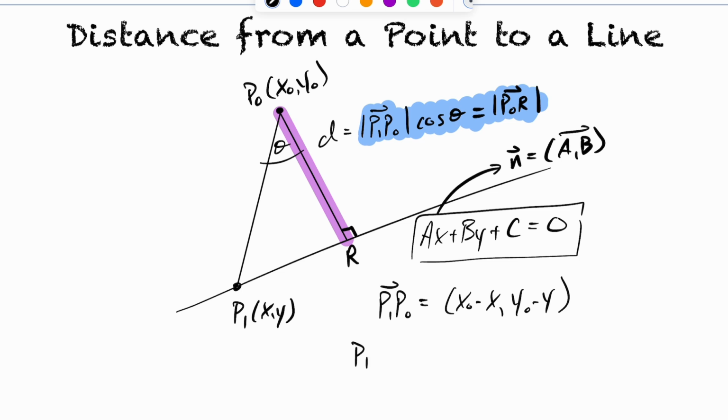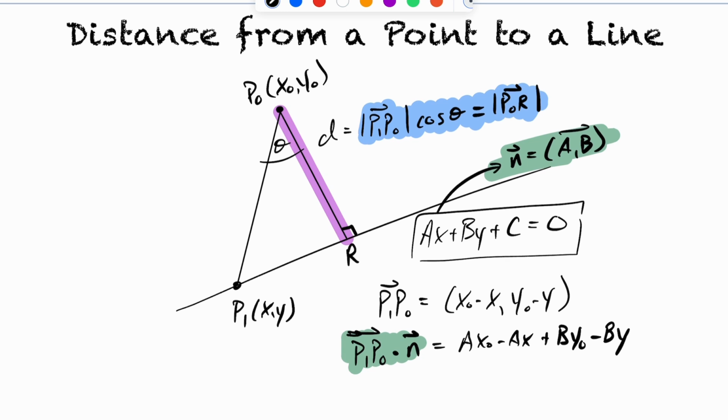If I take P1 P naught and take its dot product with the normal, again, I'm going to let my normal vector here just be the vector AB. When you do that, you end up getting here ax naught minus ax plus by naught minus by, ends up being the dot product here.